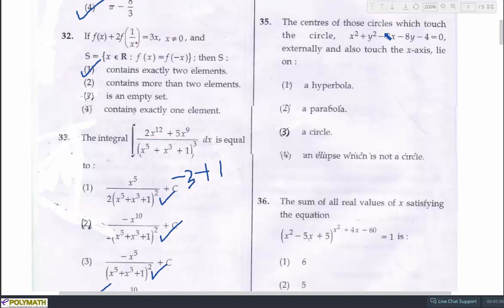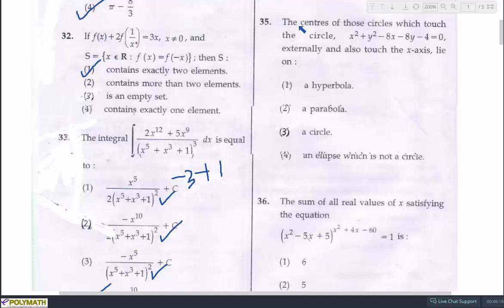Next one is 35. The centers of those circles which touch the circle externally and also touch the x-axis lie on... You have to understand that this case is related to the locus. The question has to be understood like this: the locus of centers of those circles. The locus word is missing here.